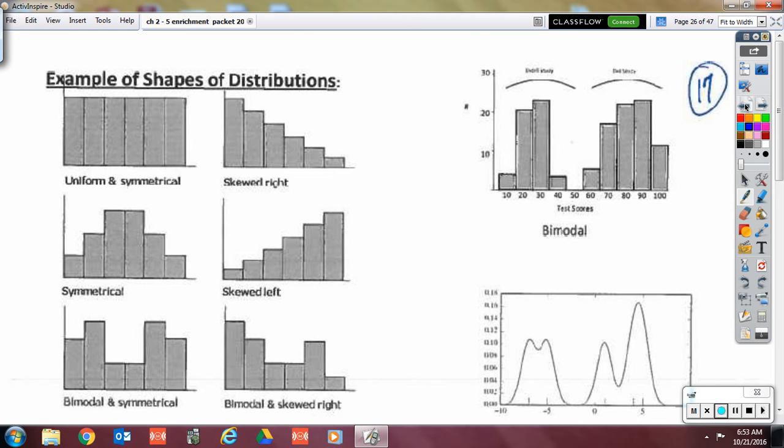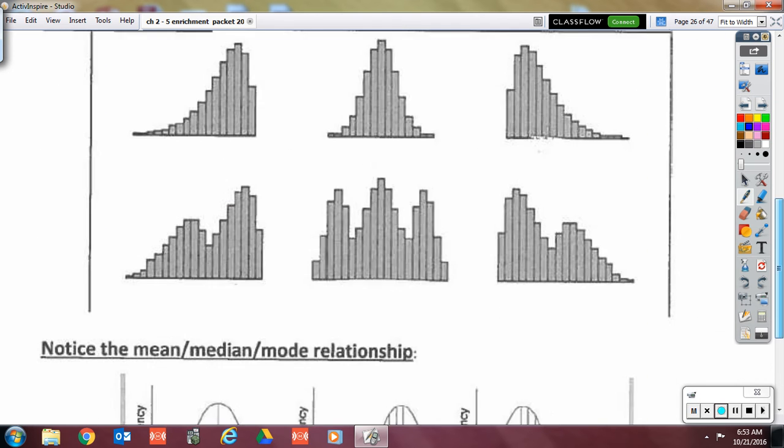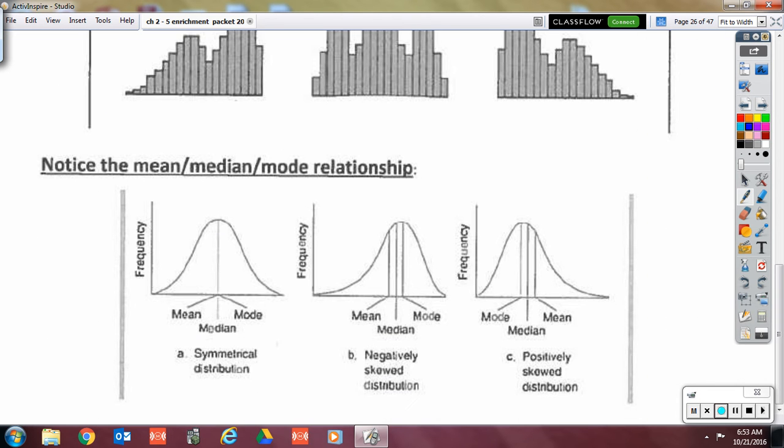Now on this page that we had seen yesterday that had all the shapes, down here at the bottom we also see that as well. We see that if it's symmetrical, then they're pretty much equal. If it is skewed left, then the mean is less than the median.